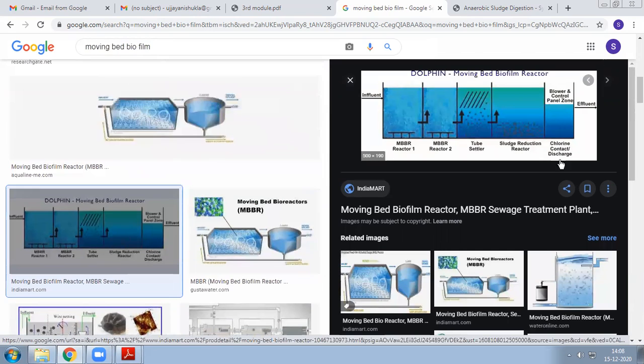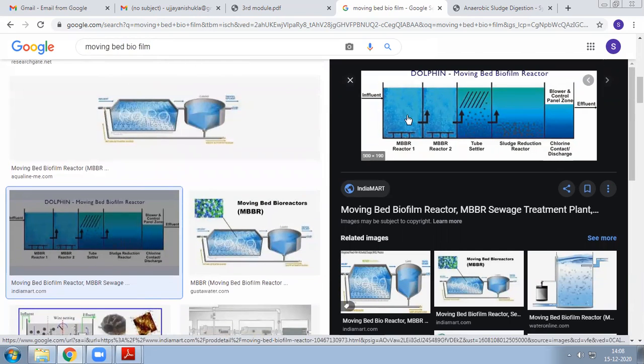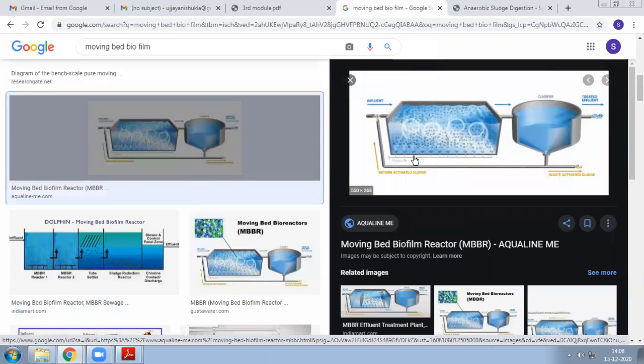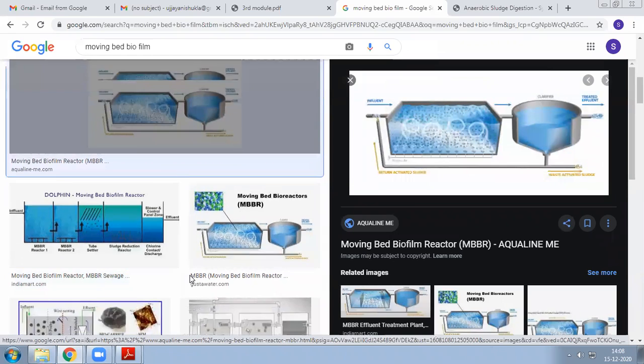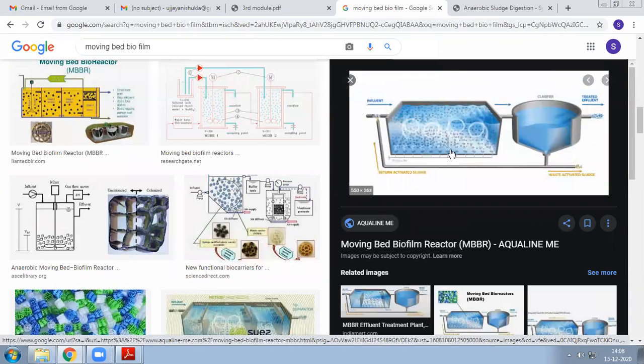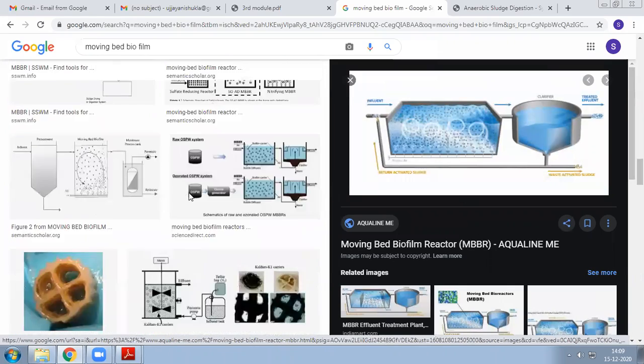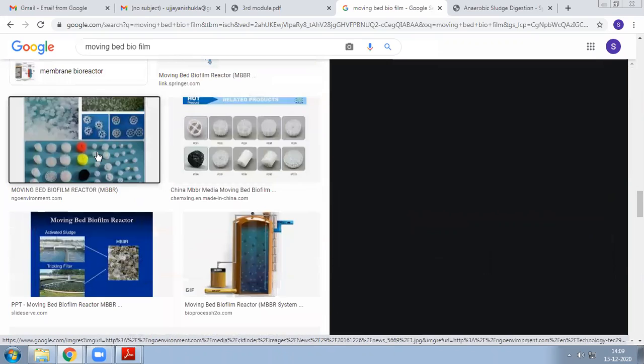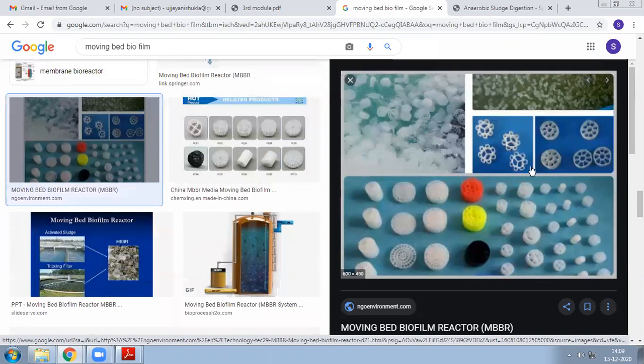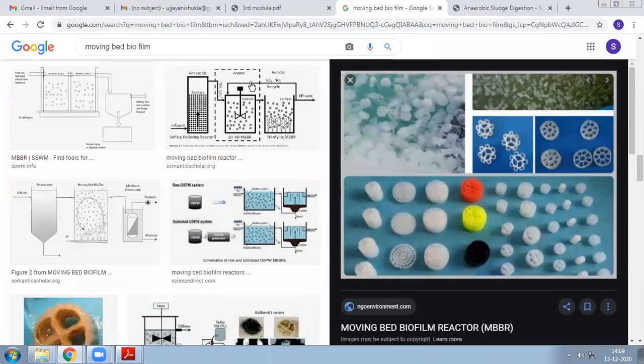And sometimes, if you want to treat more, they will add chlorine to disinfect. So the sequence is happening in order. Here also, moving bed bioreactors are installed. Instead of simply providing a tank, they will provide these small reactors inside it. So this is how these reactors look. Okay, last 1 minute left. I'll try to end this session.